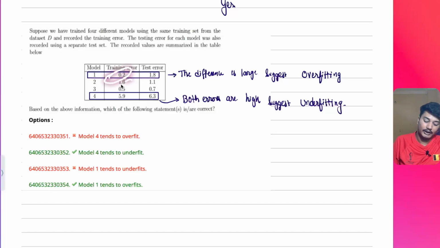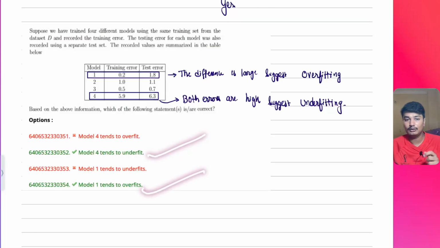Here you can see the 0.21 and 0.5 errors, but here it is 5.9, 6.3. It means that the training error is high, and the test error is also high. It means that we have underfitted the data. That's why in both the cases we are getting maximum error. So model 4 tends to underfit and model 1 tends to overfit.